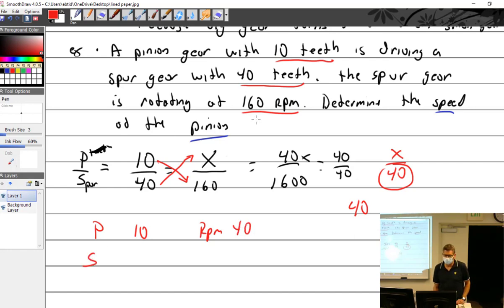And the spur gear, which has 40 teeth, is spinning at 160. So now the big gear with 40 teeth is spinning really, really fast, and this little tiny gear is suddenly turning slow. Now, does that make any sense whatsoever?